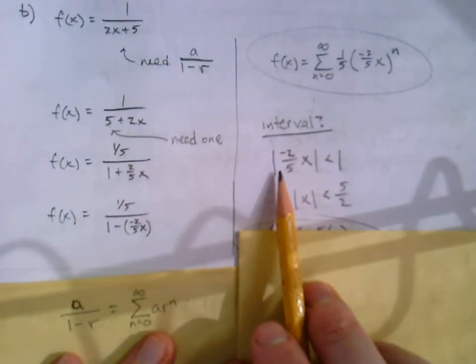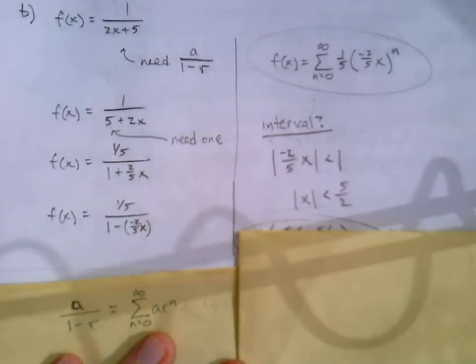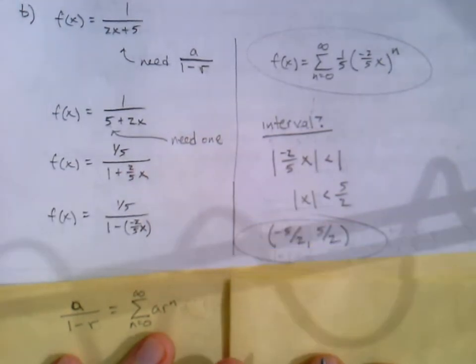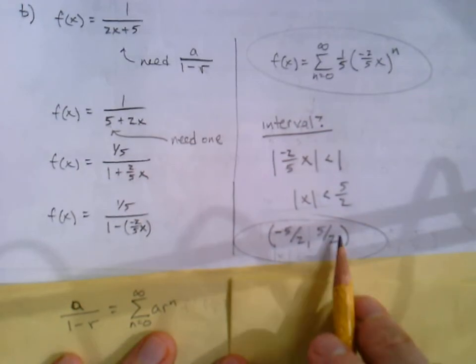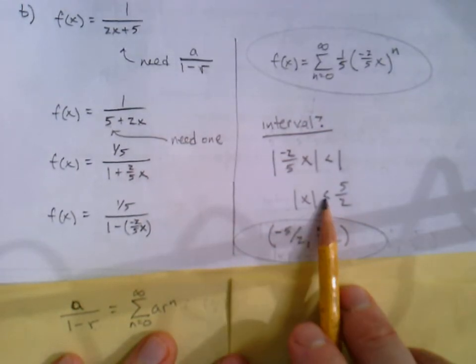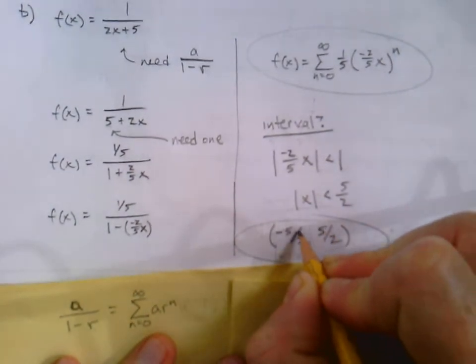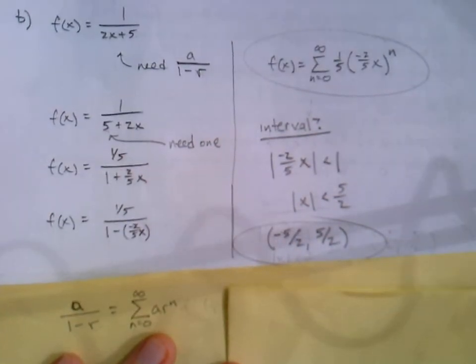The negative gets taken care of by the absolute value. Then I can multiply by the 5/2. Absolute value of x less than 5/2. So I know x must be between negative 5/2 and positive 5/2. But since it's a less than, it will not include the endpoints. There's the interval of convergence. So pay attention to that if you check out those graphs.